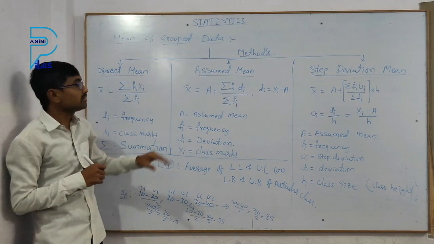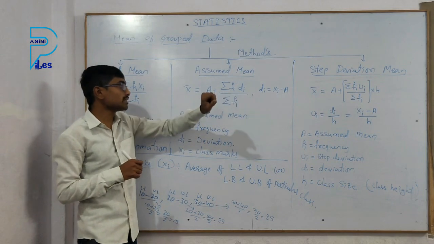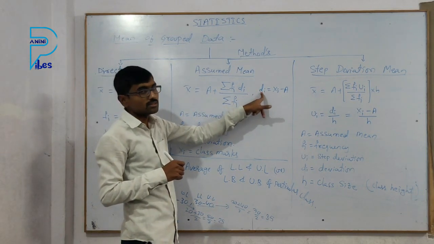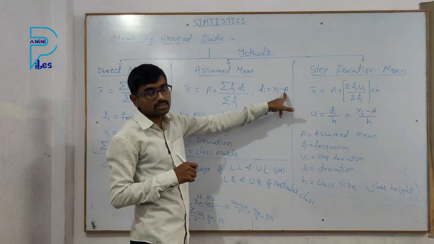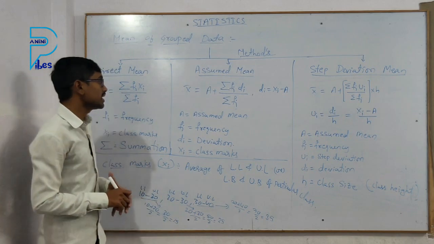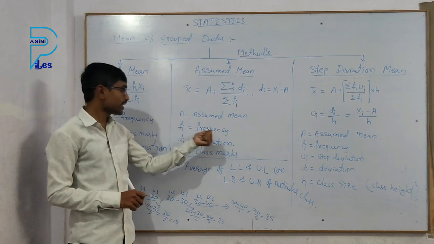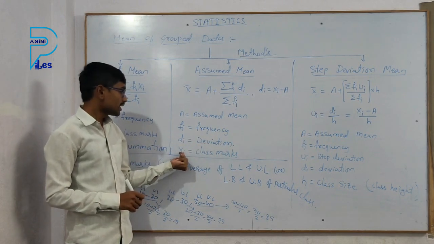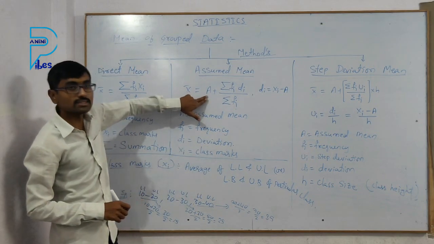The assumed mean method formula: x bar is equal to a plus sigma fi into di divided by sigma fi, where di is equal to xi minus a. Here a is nothing but the assumed mean, fi is frequency, di is called the deviation, and xi is called class marks.